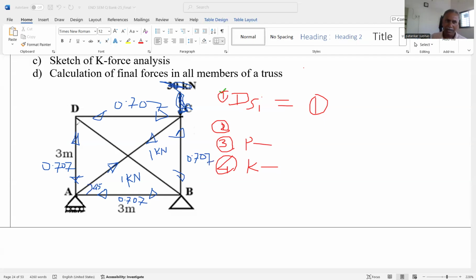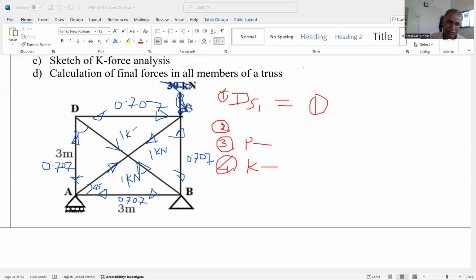Very simple. And when we consider the joint D, this is 0.707, this is 0.707, and this is the diagonal member. This angle is again 45 degree, right? Here, this is 0.707, this is 0.707, this is 1, and therefore the force in diagonal member is again the same, that is 1 kilonewton tensile.